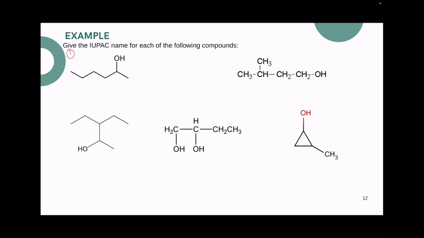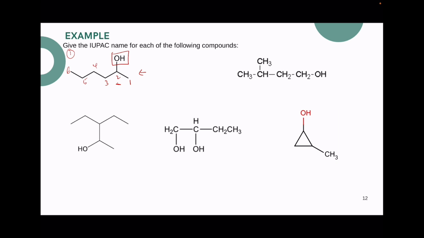For this compound, you can number the compound to find the longest chain of carbon if you start from the right side. So this is carbon number 1, 2, 3, 4, 5, and 6. And after you number it, locate the OH group and which carbon it is attached to, which is the second carbon.